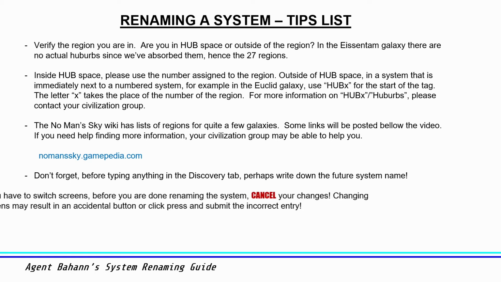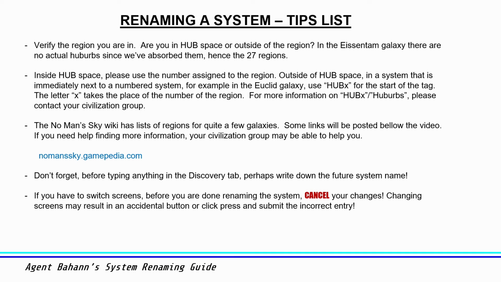If you have to switch screens before you are done renaming the system, cancel your changes. Changing screen may result in an accidental button or click press and submit the incorrect entry. This applies mostly to PCs. Once the name is submitted, the change is permanent. There's no going back.